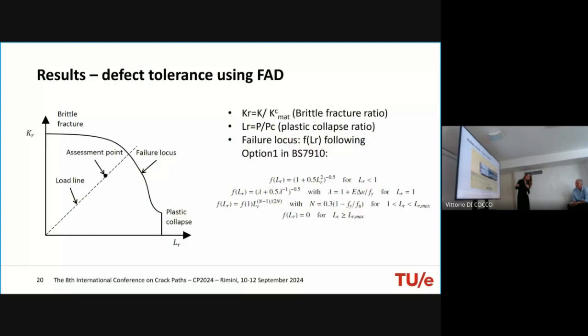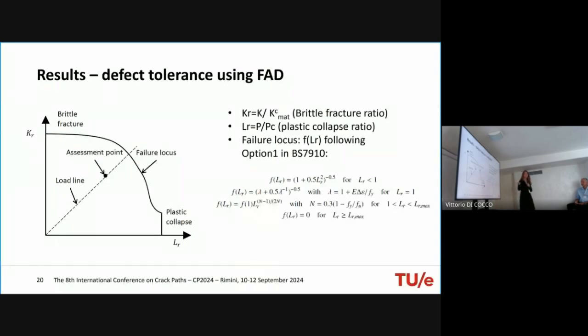Okay, we also performed a fracture failure analysis, which is standardized in British Standard 7910. We used option 1 to construct a failure locus, which is the most conservative but also the simplified way. So we only needed the yield strength and the ultimate strength of the material. You can see the failure locus on the left picture.